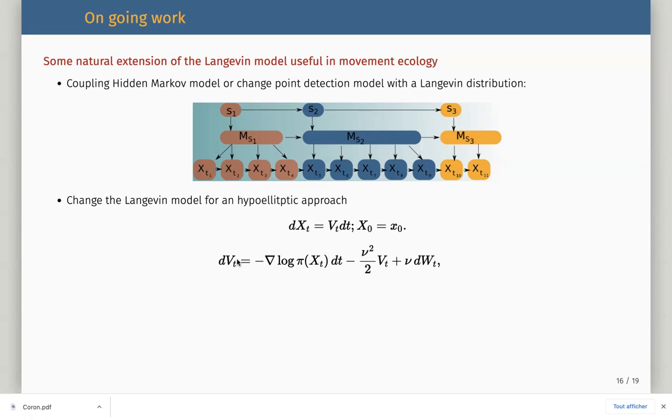So we will have the exact same property, and again it could be expressed using the Euler approximation as a linear model, and we can reuse everything we have developed before, but we have maybe a smoother representation of the movement by doing so.